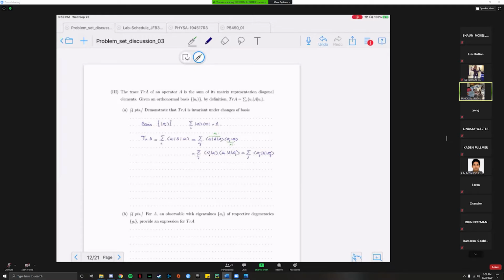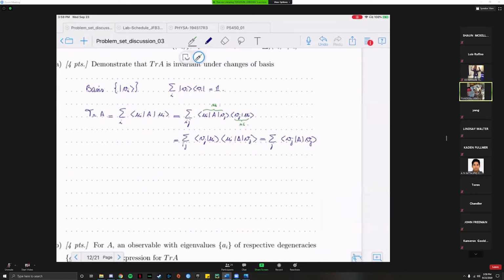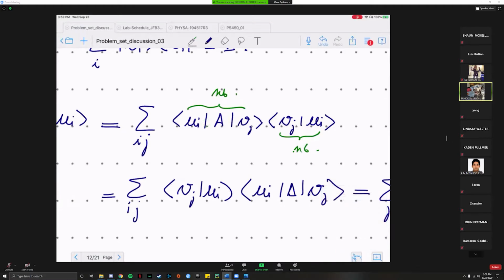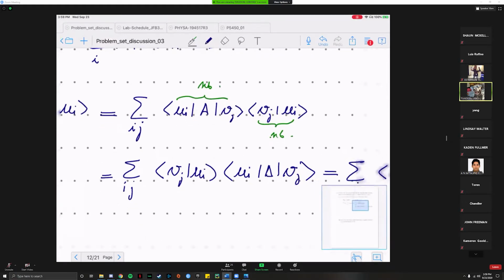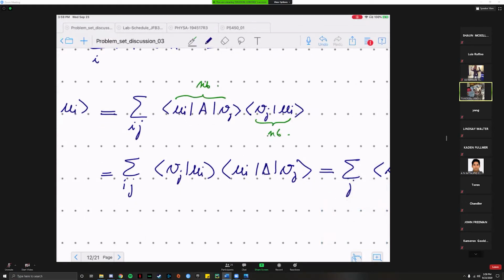One of you was asking if it would have changed anything to insert VJ here instead of there, and you see that it would not, right? The only difference is that we would have had the matrix element appear in second position instead of first position, but we would have done the same swapping to make the closure relation for the UIs appear.